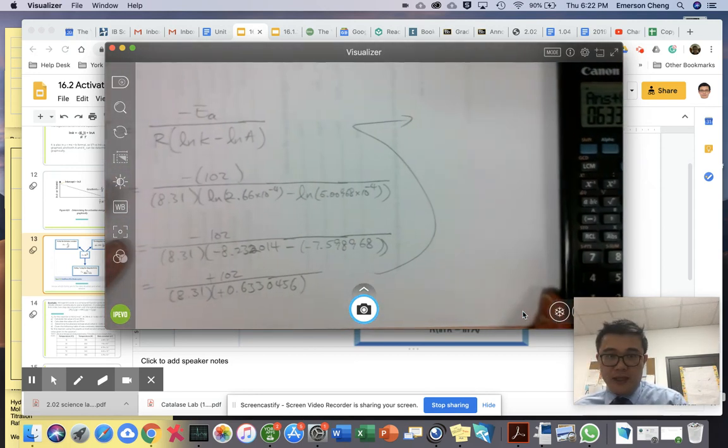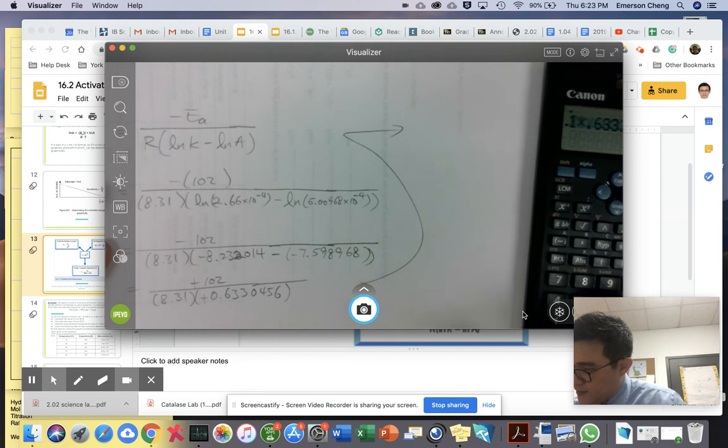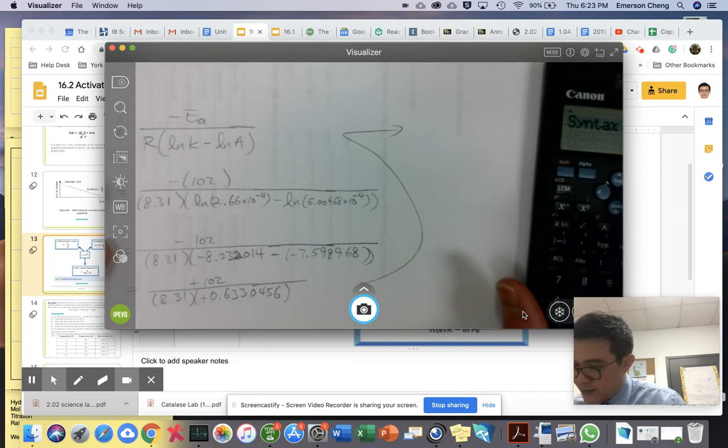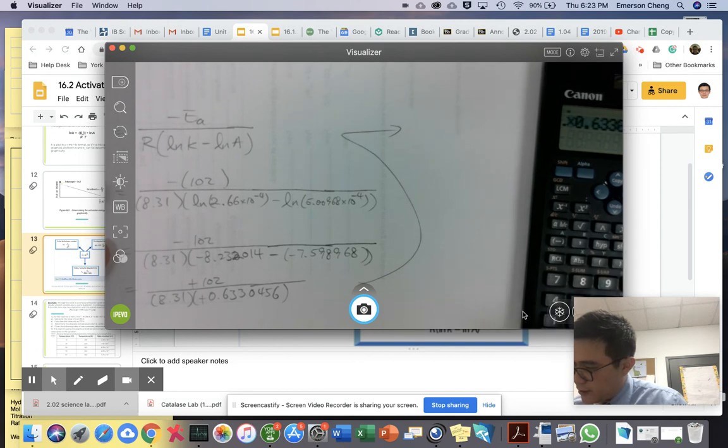So, plugging in numbers. 102 divided by bracket 8.31 times 0.6633045.6. Syntax error. Interesting. So 102 divided by bracket 8.31 times 0.666330456 close bracket.